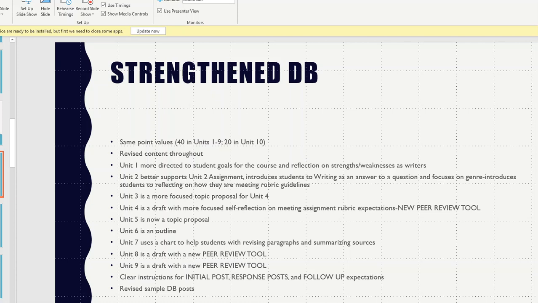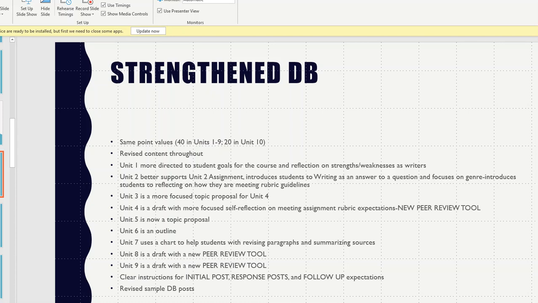One of the things that we saw from your feedback is that, for example, Unit 1 seemed to be covering too much material. So we trimmed it down, and instead of having students look at an article and go to the Writing Center, we just focused Unit 1 more specifically on their goals for the course and reflecting on their strengths and weaknesses.